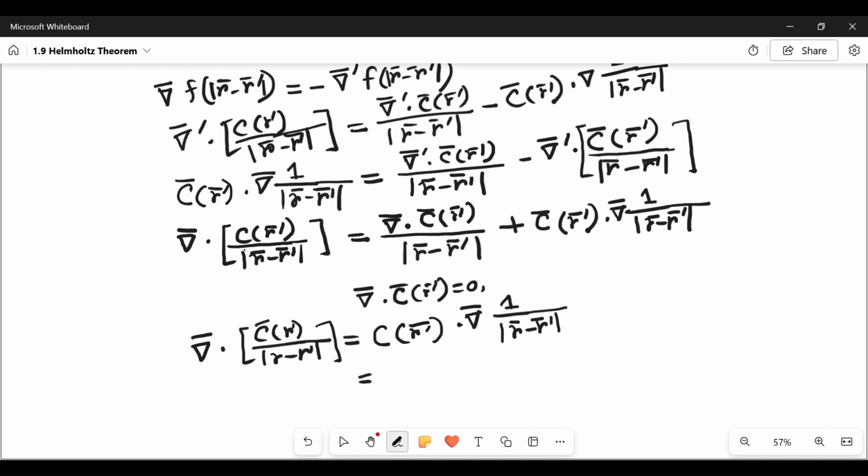Now we will replace this equation so that the operator in non-primed coordinates can be written into the terms with operator in primed coordinate. So it will be.